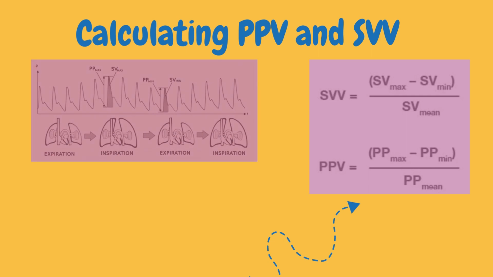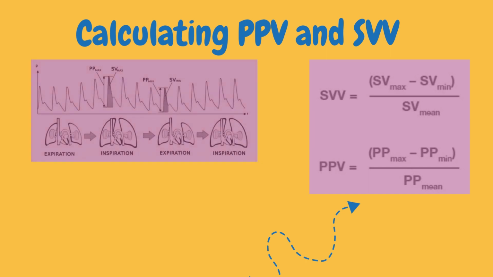To calculate PPV, we'll do a little math waltz. We look at the highest and lowest points of the pulse pressure during a full breath cycle. Then, we plug those numbers into a simple formula to get the PPV percentage. Now comes the interpretation tango.